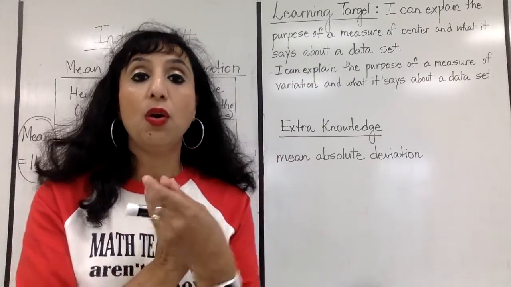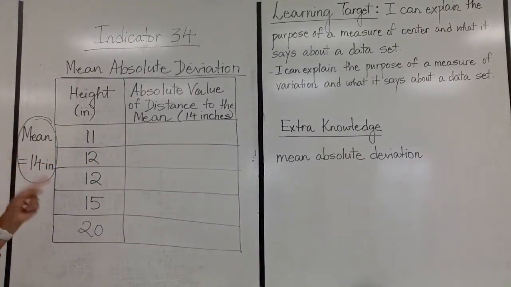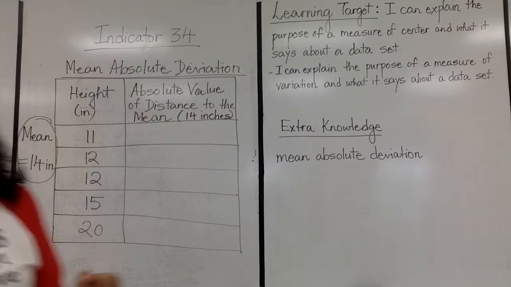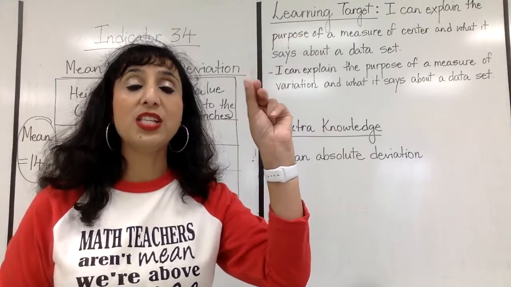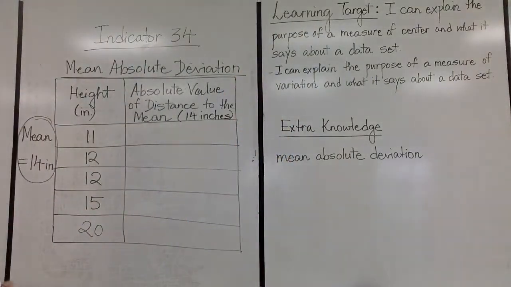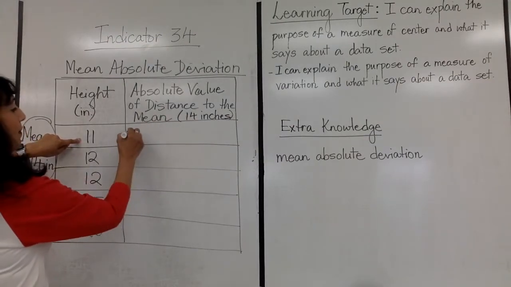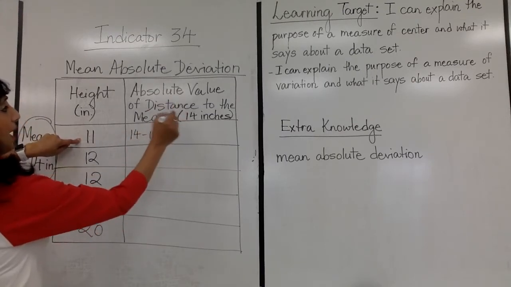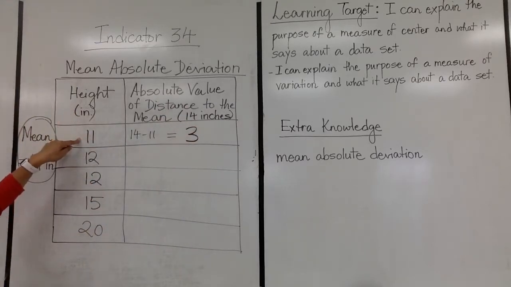Since mean is 14, we see how far 11 is from 14. 12, 13, 14, so 11 is 3 spaces away from 14. So if I do 14 minus 11, my absolute value of distance to 14 is 3.